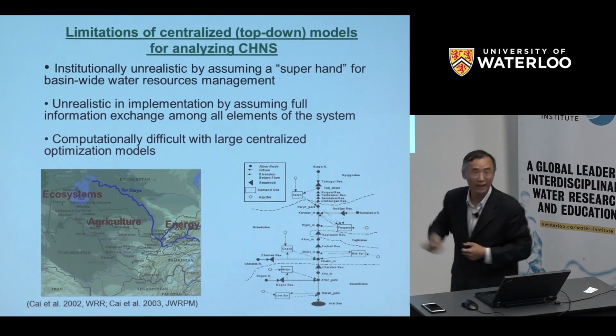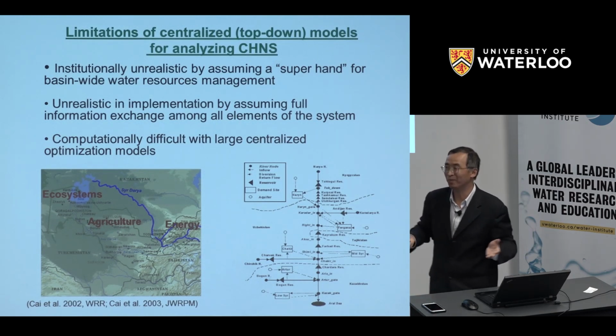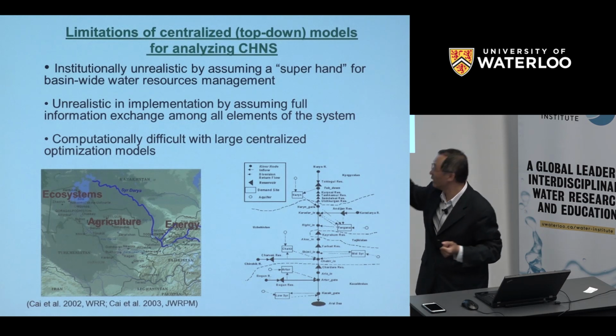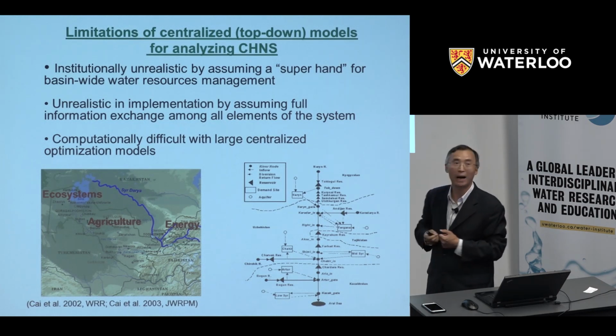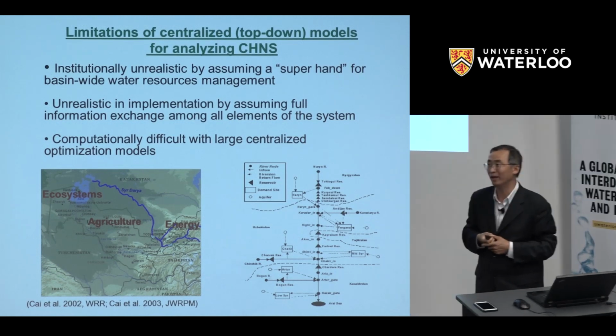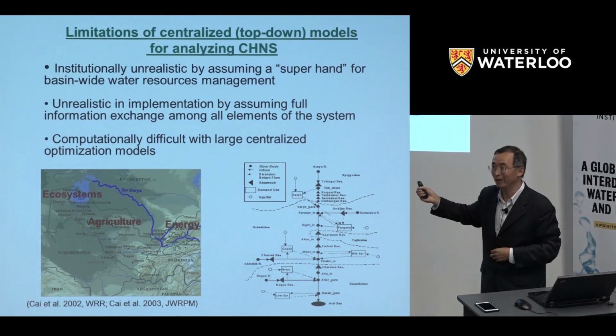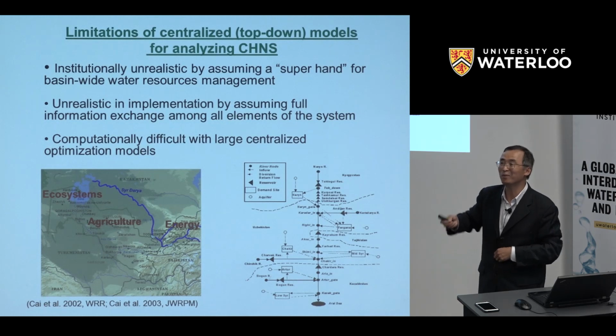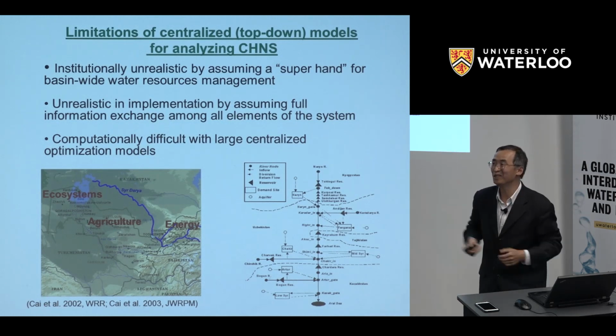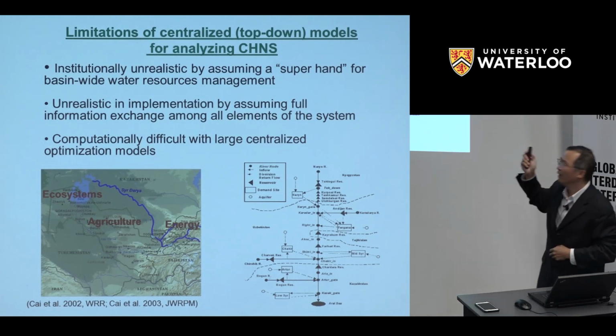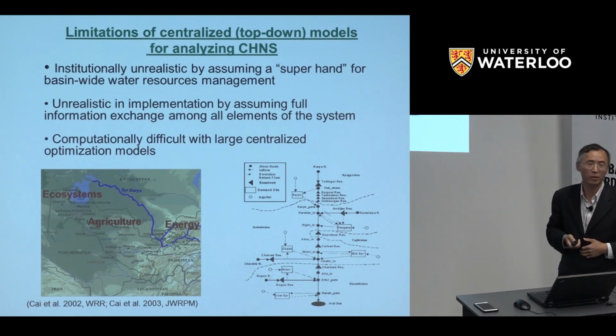So that's like a centralized approach. But that's not possible. That was not possible even in the former Soviet Union period when all these republics belonged to the Soviet Union. But today they are independent republics. It's not possible for all of them to follow a single authority. So institutionally, those models may not be realistic.